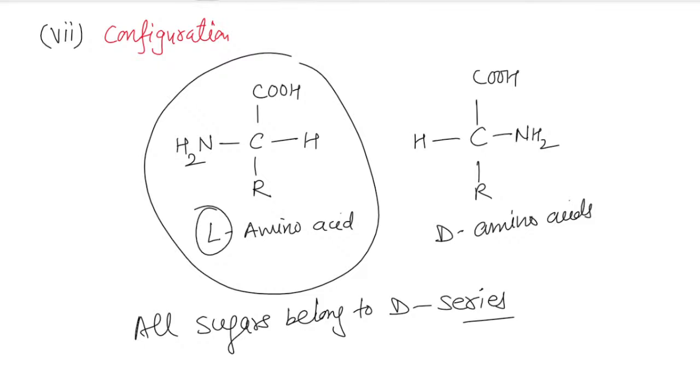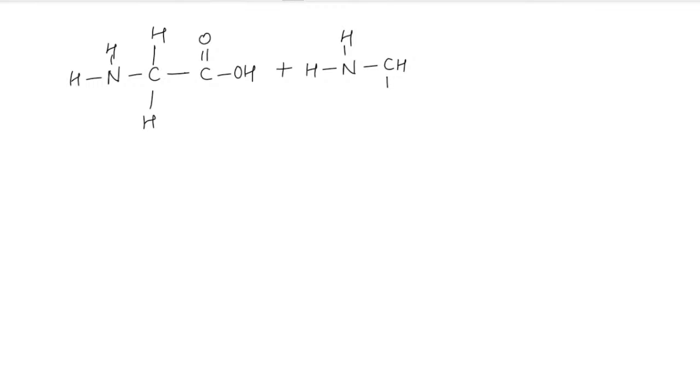Now, classification. So, you know peptides and their classification. Peptides are actually amides. Let us take glycine and alanine. In glycine there is H, NH, and in alanine there is CH3, C double bond O, OH.